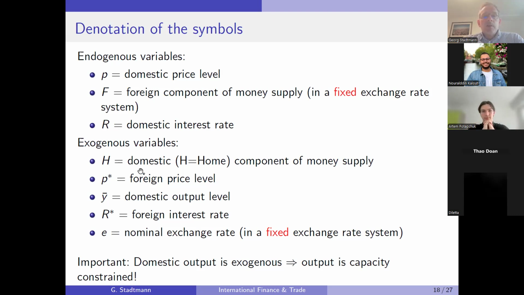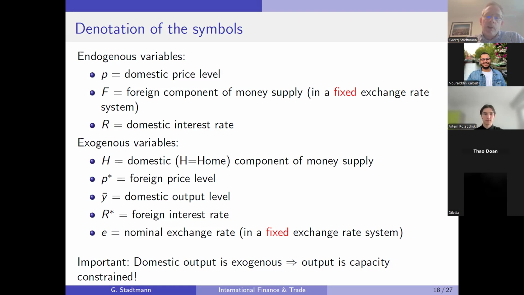Then what is exogenous? The home component of money supply, H, the foreign price level, the domestic output level, the foreign interest rate, and also the nominal exchange rate is exogenous in a fixed exchange rate system because the exchange rate was fixed in the past.